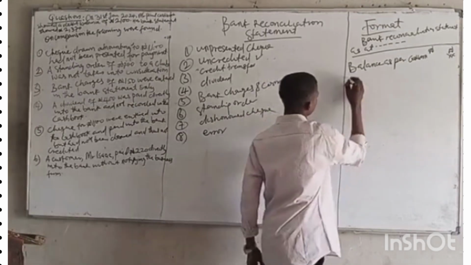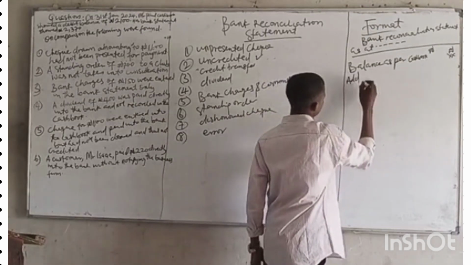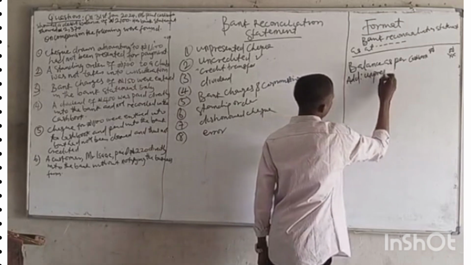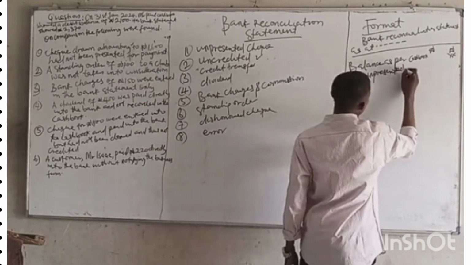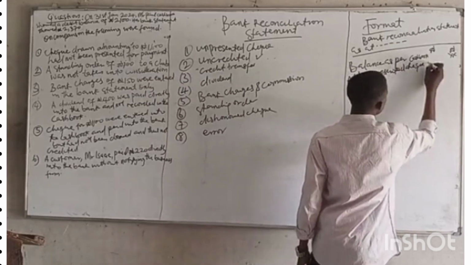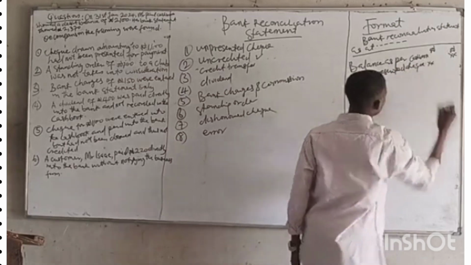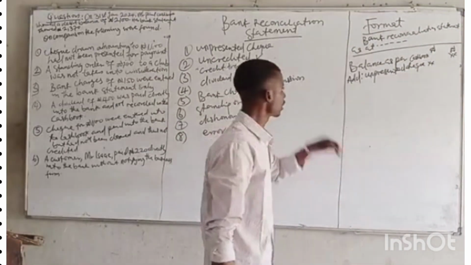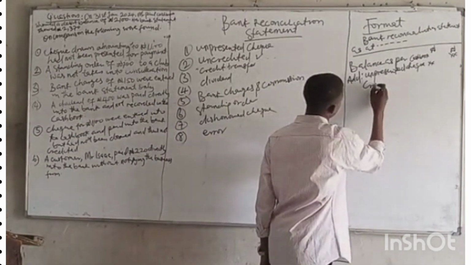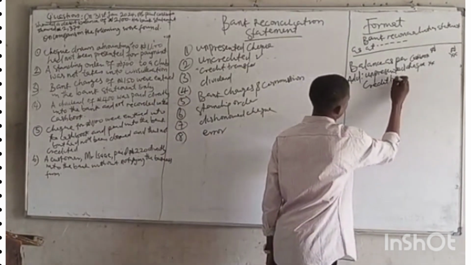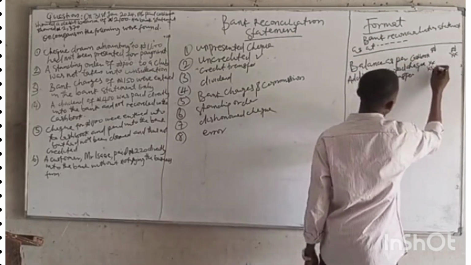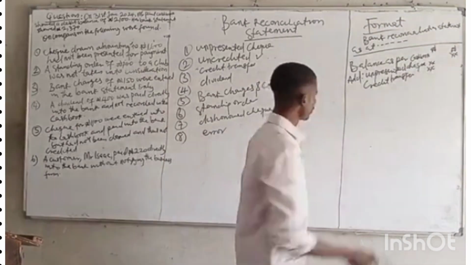Then add unpresented check. You add unpresented check. Then you add your credit transfer. You add dividend.